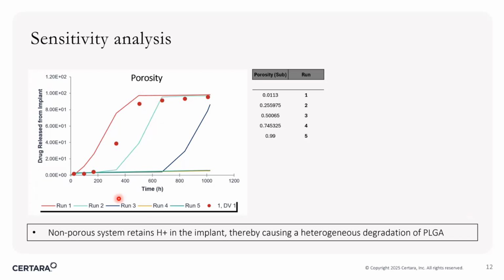If you have a non-porous system that retains H plus ion, it would degrade the system, causing more heterogeneous degradation of PLGA and drug release. If the porosity is high, then you can expect some delay in drug release for a given set of parameterization.